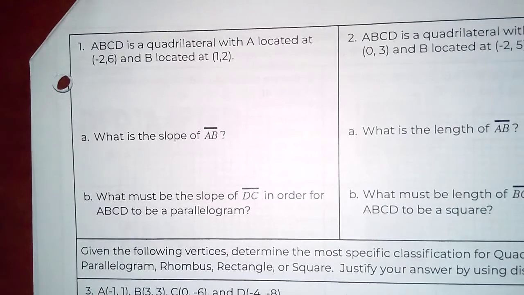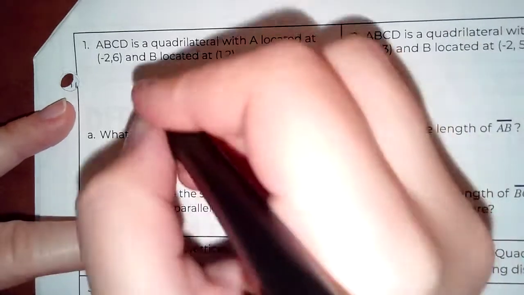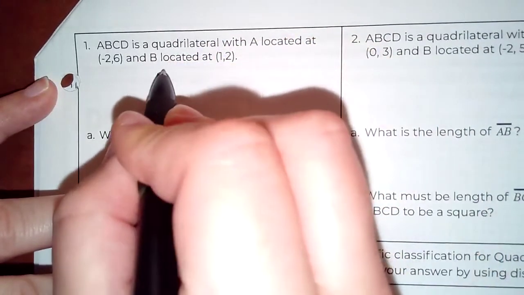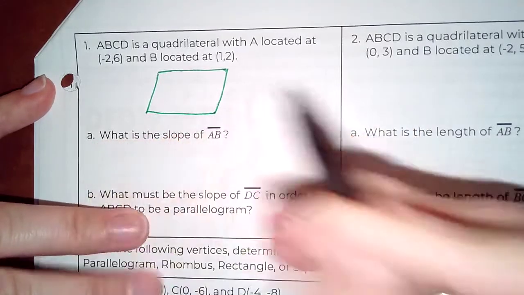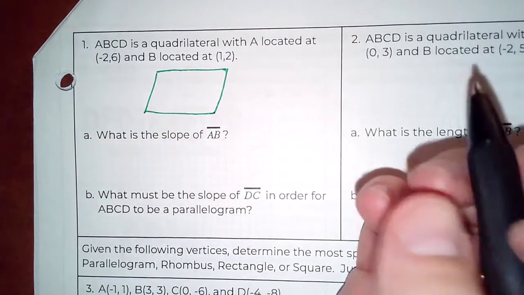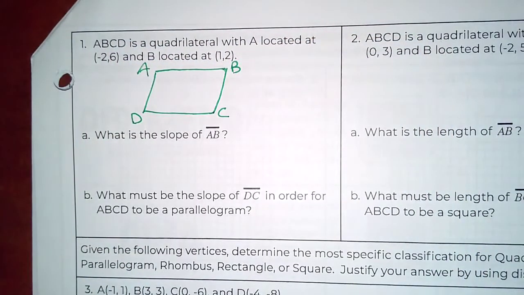Quadrilateral ABCD is located at, A is located at -2, 6, B is at 1, 2. Find the slope of AB. So let's sketch it. It just says quadrilateral, so I'm just going to draw this as a parallelogram and go from there because that is the least specific. A, B, C, D. What is the slope of AB?